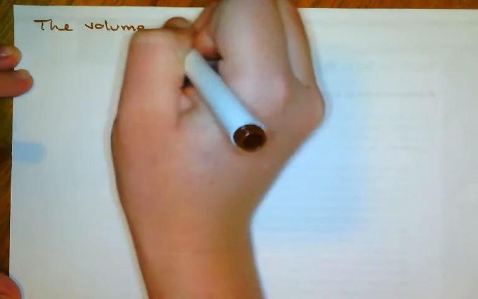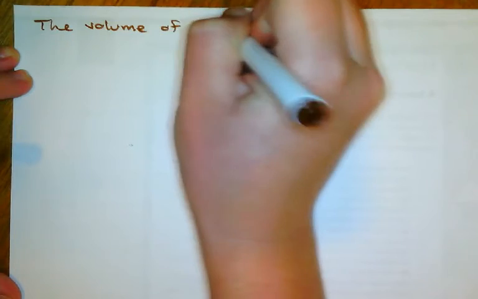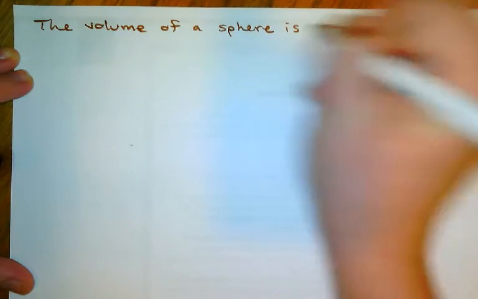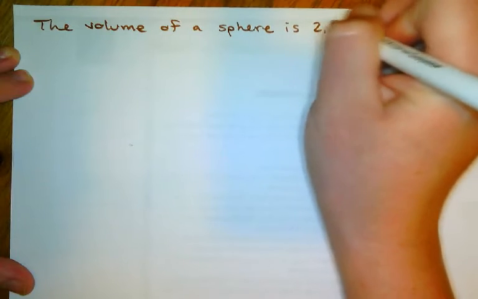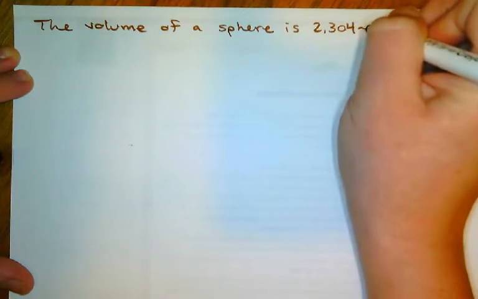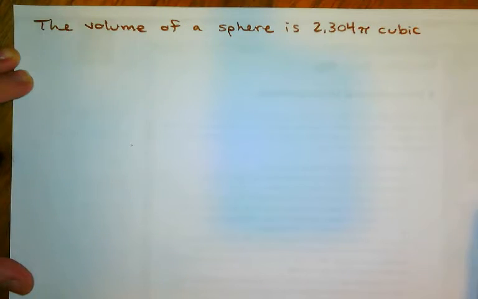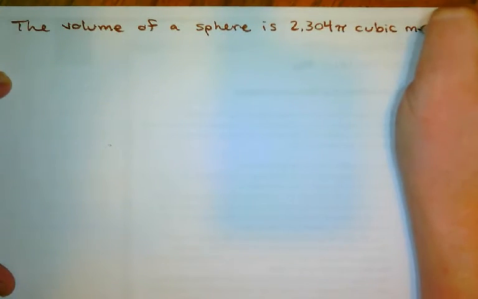Alright? So, working a formula backwards, let's say we've got this problem. The volume of a sphere is 2,304 pi cubic meters.